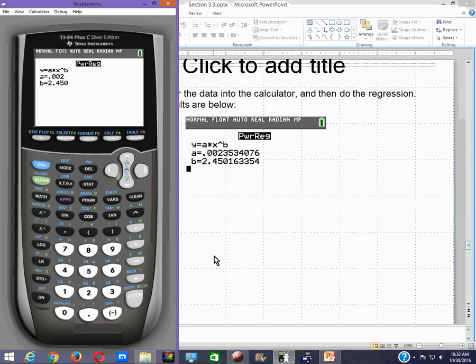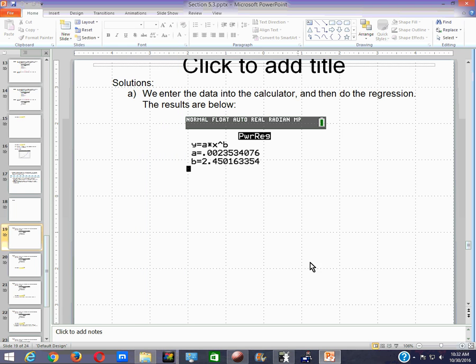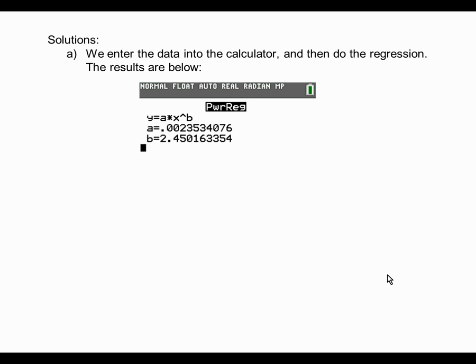So there: 0.002 times x raised to the 2.450 power. Our power is 2.450. Now that's going to become important for question B.